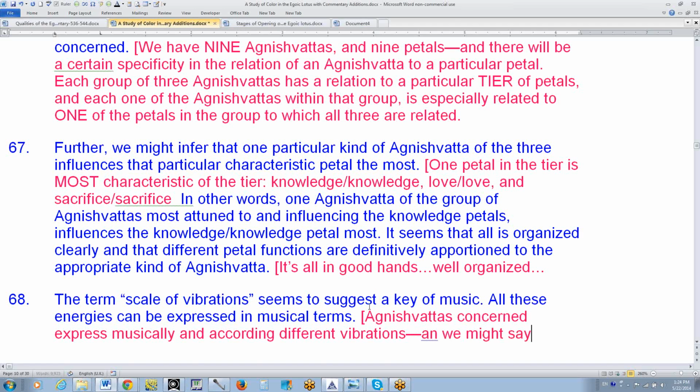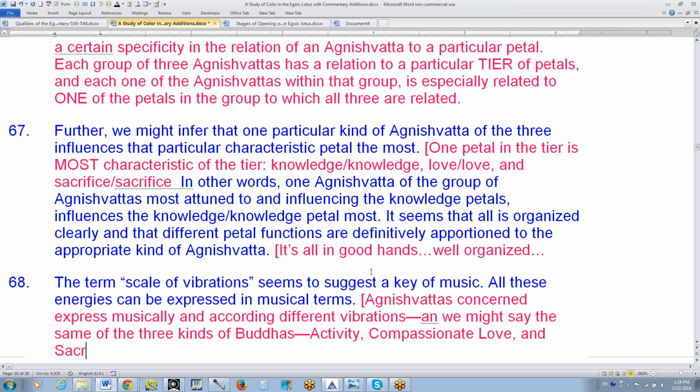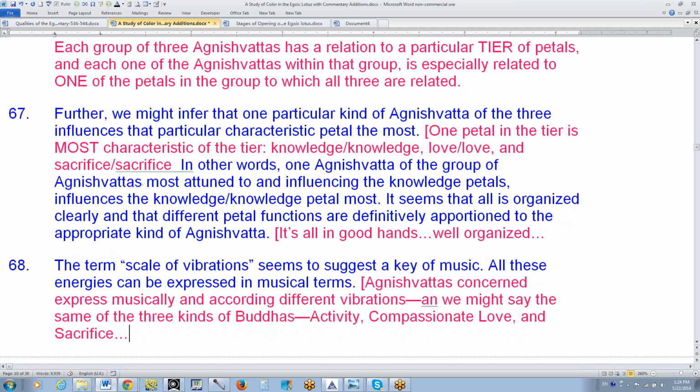And we might say the same of the 3 kinds of Buddhas: activity, compassionate love, and sacrifice. So there's a definite connection between solar angel Agnishvattas and planetary logoi, and also with the sub-planetary logoi, which at this point the Buddhas of activity and Buddhas of compassionate love represent.